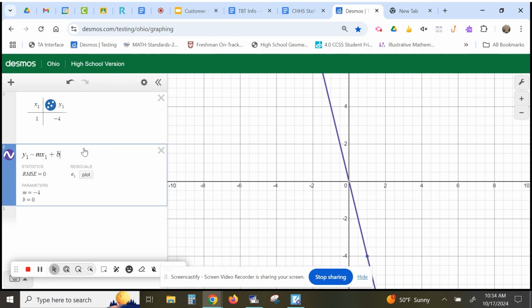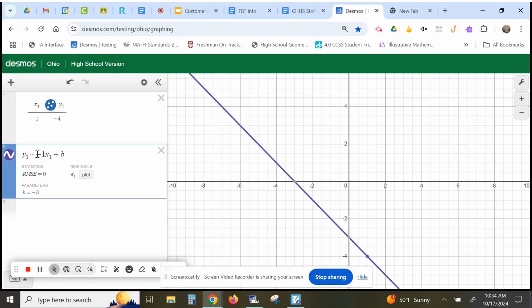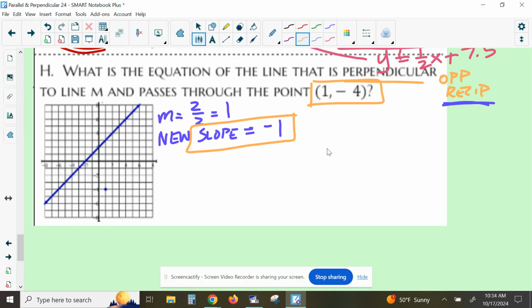And now I'm going to put my m in because I know it, which is -1. And then my b value should show up down here. Is everyone getting a -3 down there? -3? Yeah? Okay, so I'm going to go back to my foldable, and I'm going to write down my b value.